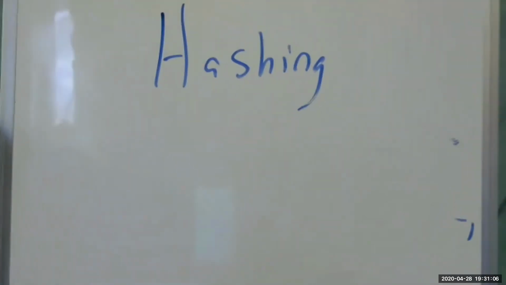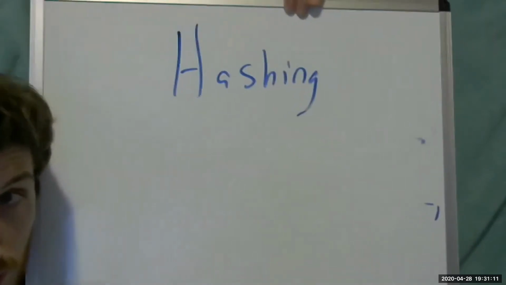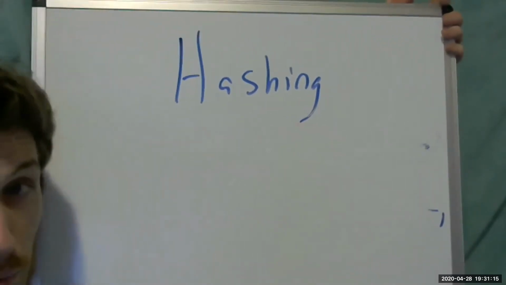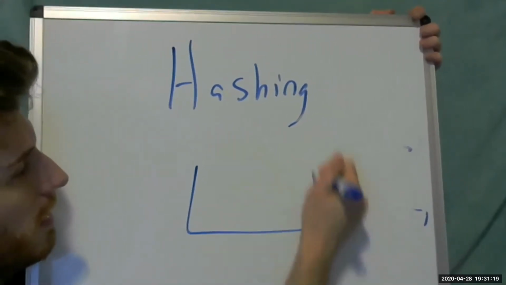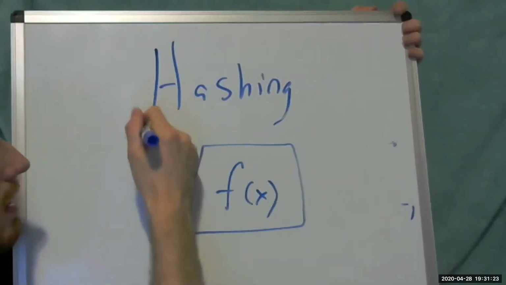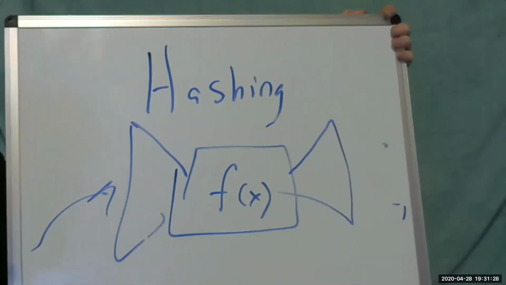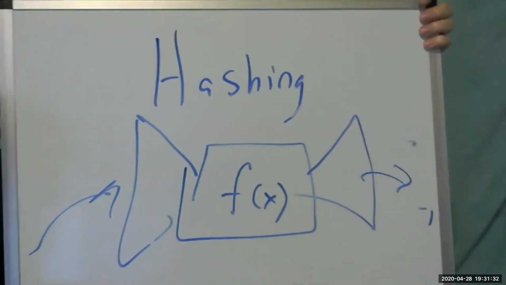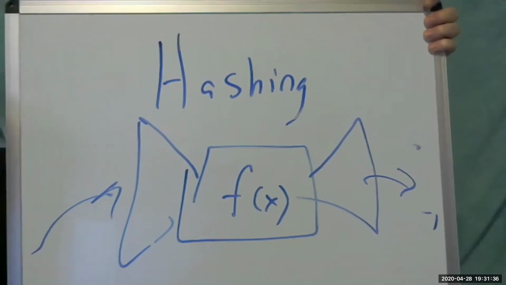Okay, so hashing. If you watch those videos that I posted, they will explain it better than this, although they will take up more time. You can think of hashing as a function that takes things in one way and puts things out that way. It is a one-direction function.